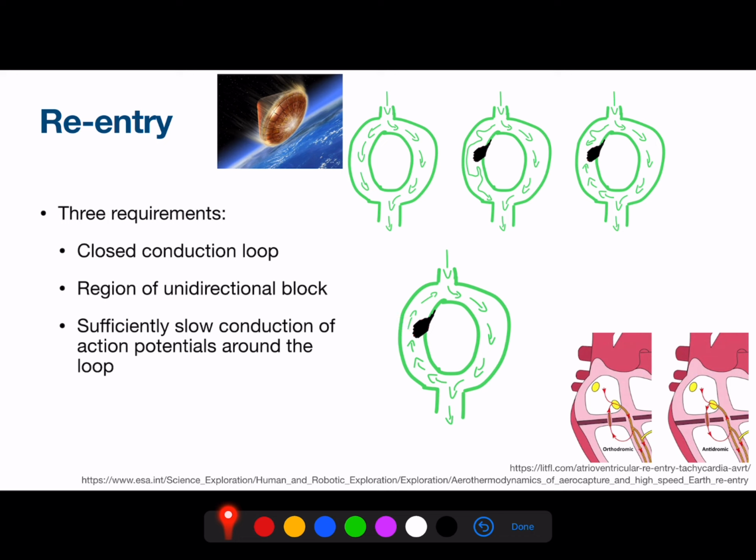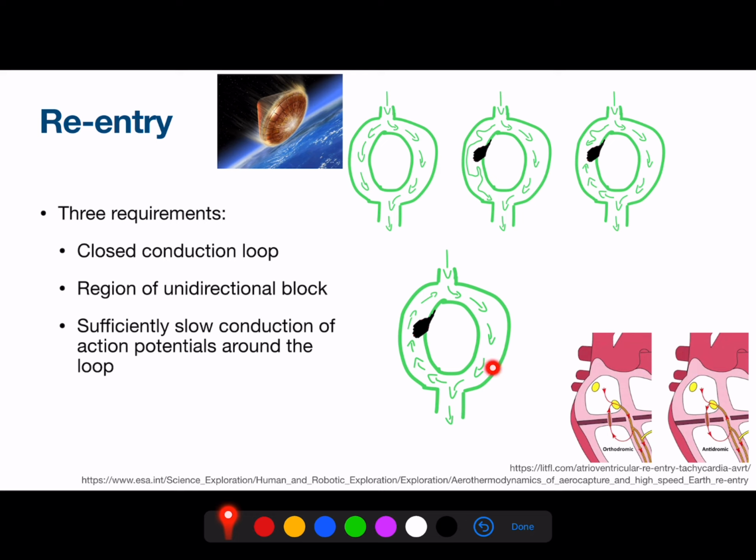What is important, of course, is that we have a sufficiently slow conduction of action potentials around the loop. That means when we have an ischemia at one point, it doesn't mean there's a re-entry every time, but only at some point when the odds are right, or for the patient wrong.